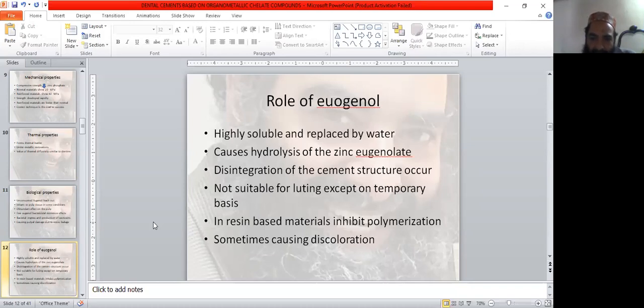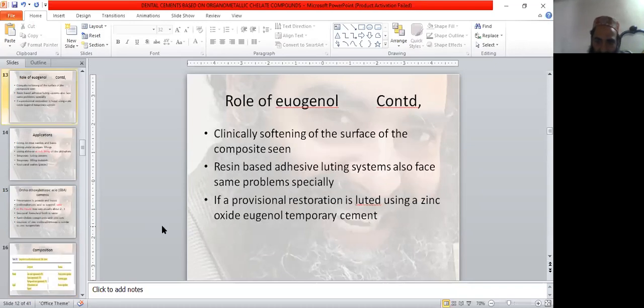So that is why it is not suitable for luting except on a temporary basis. In resin-based material, it inhibits polymerization. As already discussed, it may not be used under composite materials. And sometimes it causes discoloration.